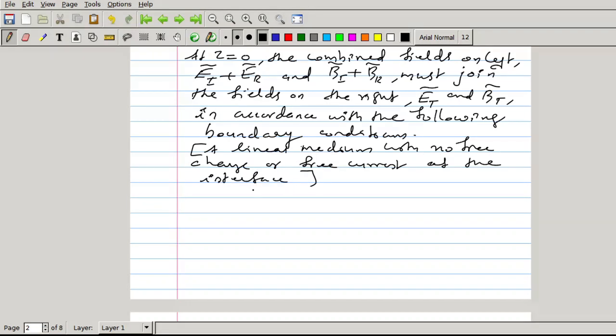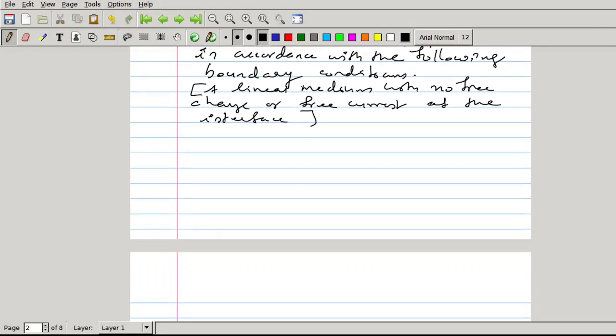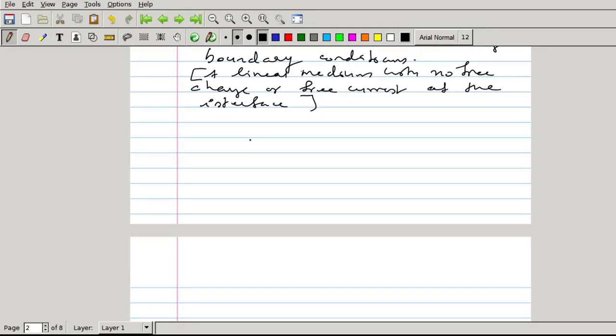If we are having a linear medium with no free charge, no free current at the interface, then for a dielectric boundary, the boundary conditions are: epsilon1 E1 perpendicular equal to epsilon2 E2 perpendicular. This is equation number 4.